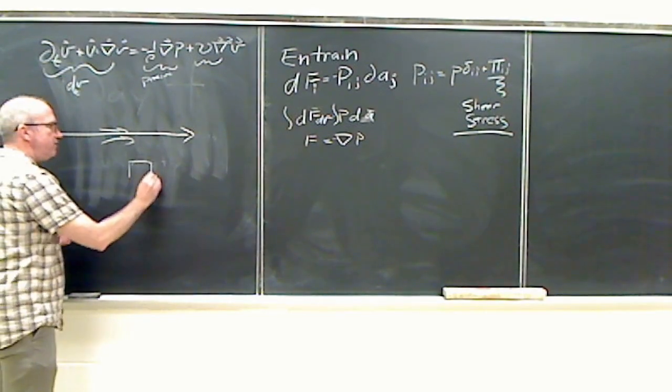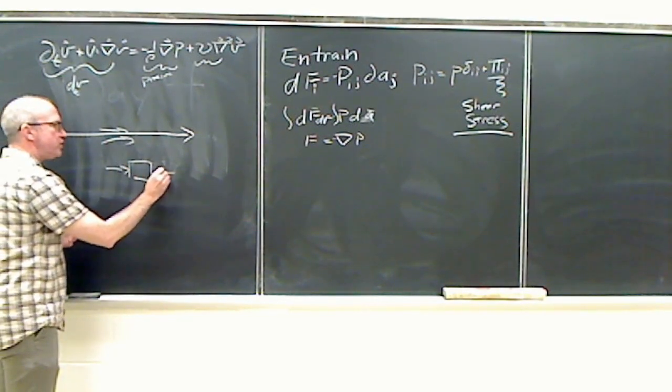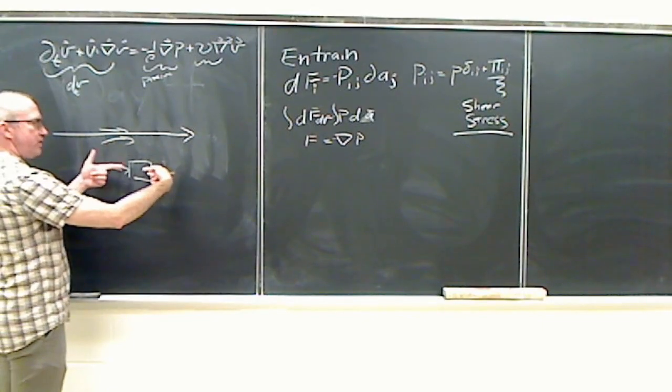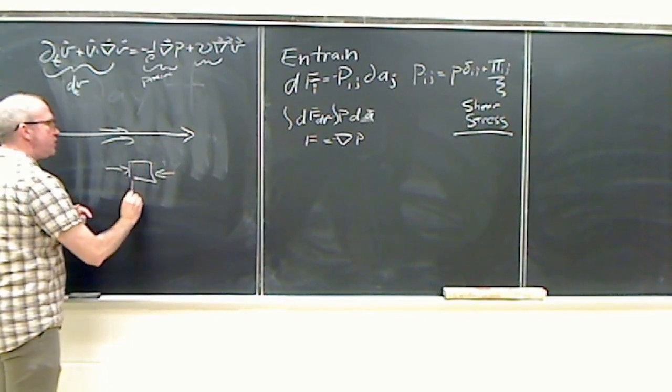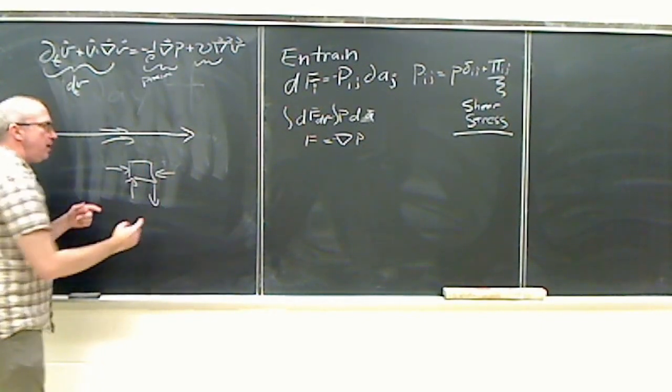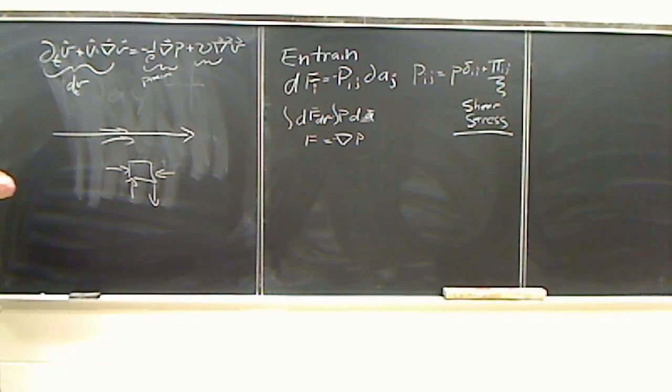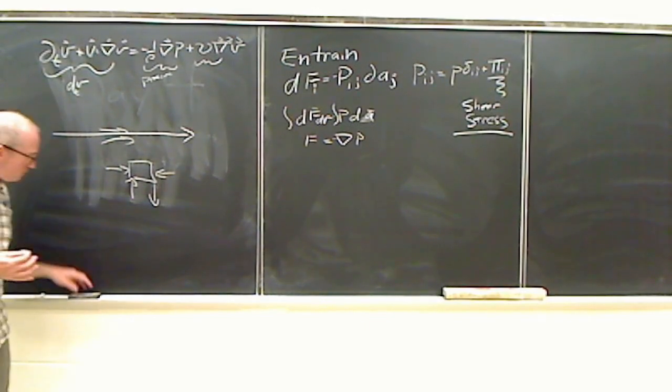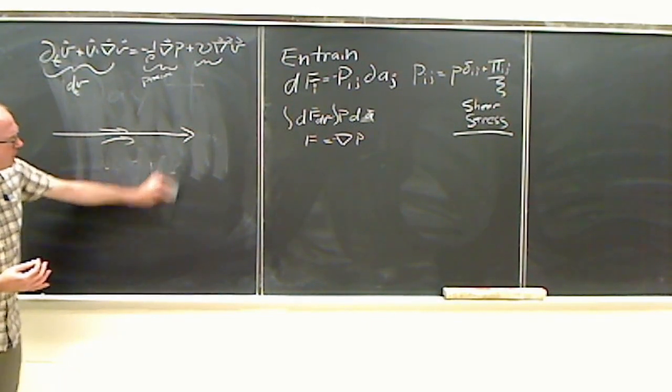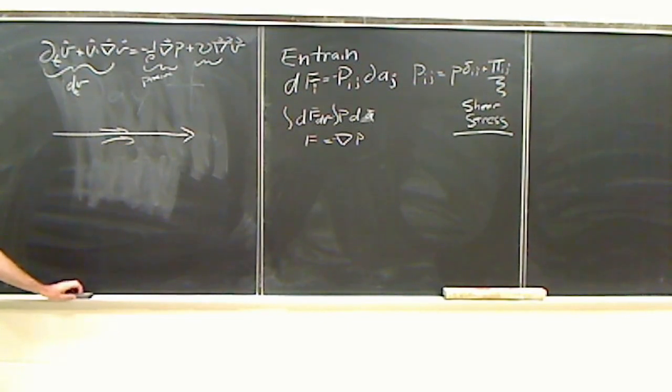If I have a cube, I can have a compressional stress by pushing on it from both sides. I can have a shear stress by pulling on it in opposite directions on opposite sides. So stress is just kind of the spatial distribution of the forces that are going to act on the body. And you can think about this also as momentum transfer. So we're going to think about the stress as momentum transfer.